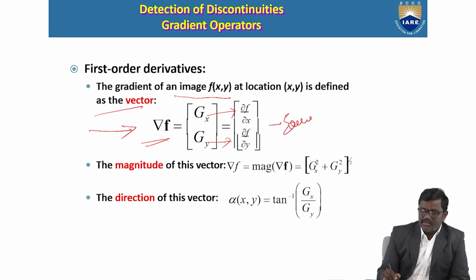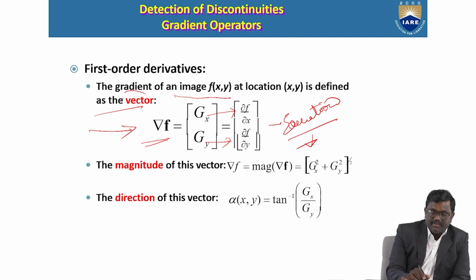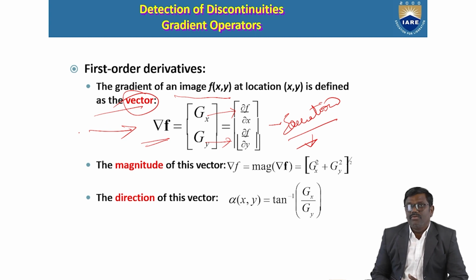Since it is a vector, it can be expressed in terms of magnitude and direction.